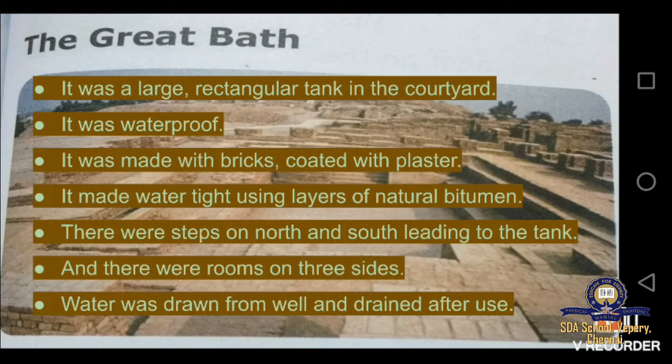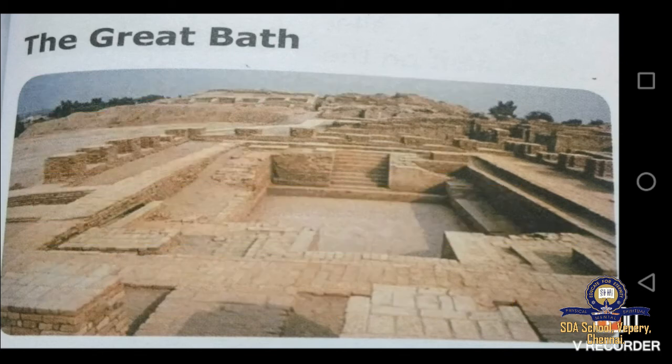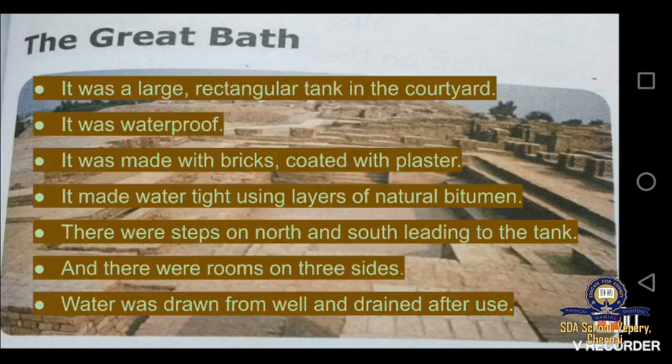So obviously the tank was waterproof, and it was made with bricks coated with plaster so that the water was tight. And there were steps on the north and the south side leading into the tank. You can see the steps in the picture, right? There are steps so that people could get into the tank. And the water was drawn from the well.